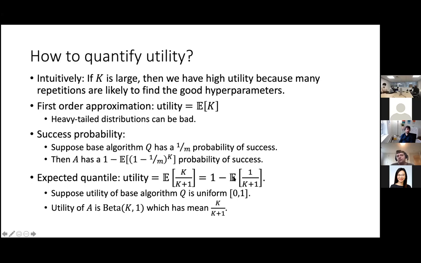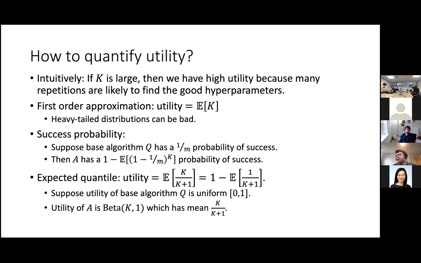So if K is large, obviously this is small. But this is a nicer measure of utility than the expectation, because if K is equal to 1 with 50% probability, then I'm going to get a 1/2 here with 50% probability, and it sort of hides the heavy tails.